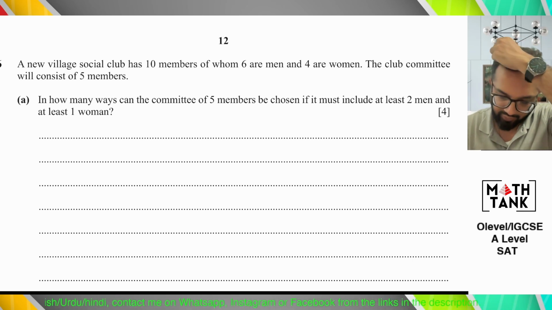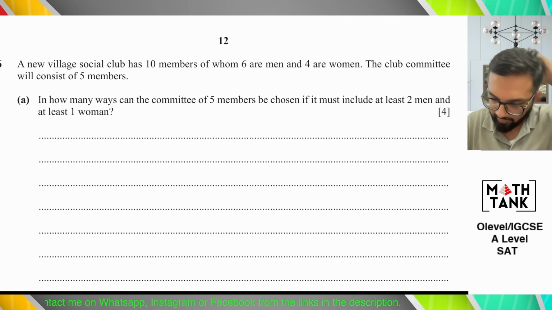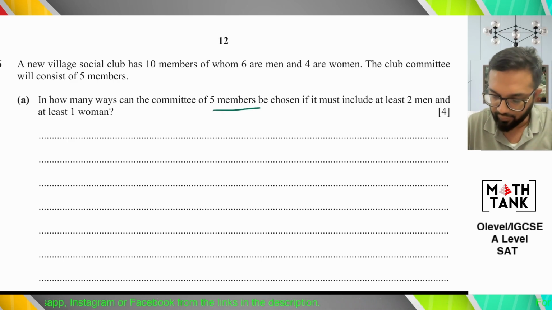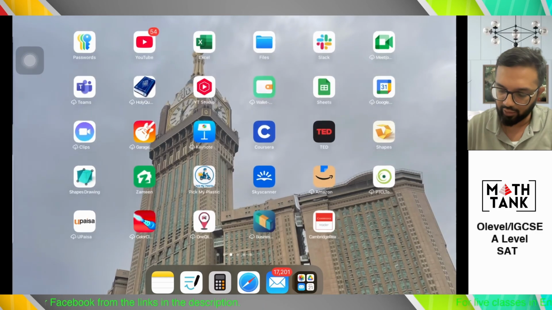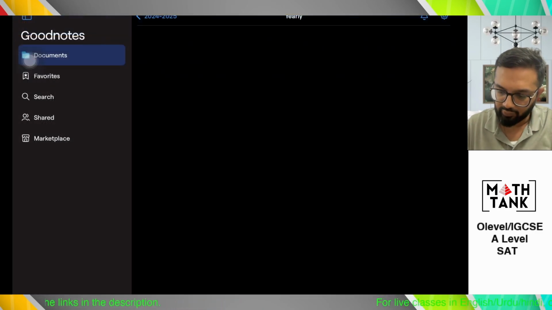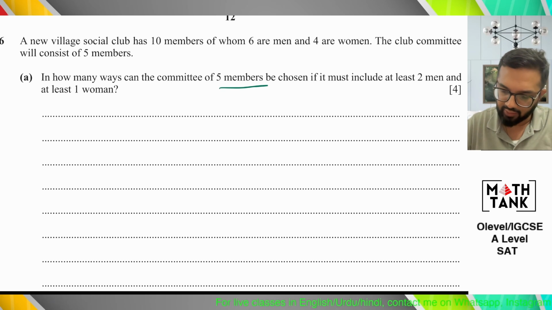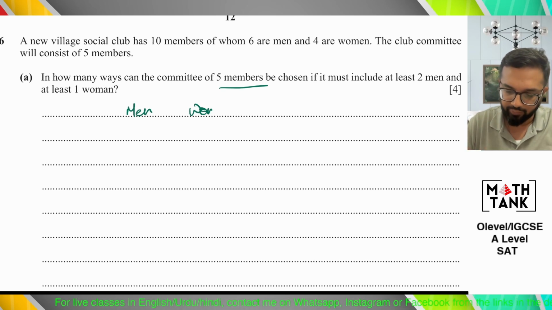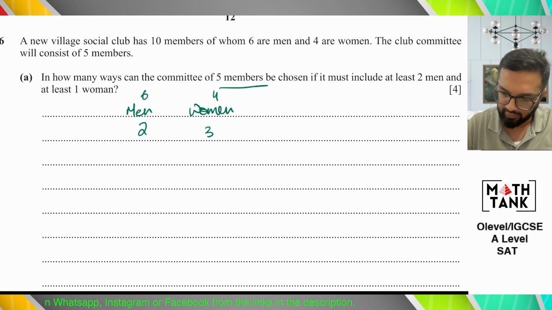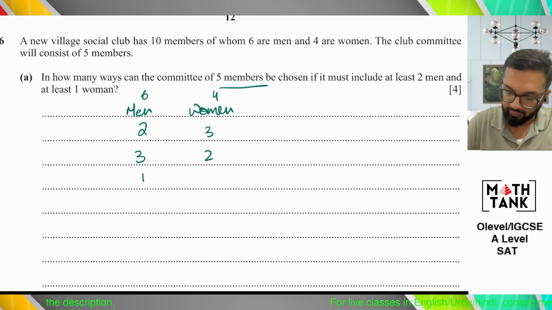Question 6. A new village social club has 10 members, of whom 6 are men and 4 are women. A club committee of 5 members is to be chosen. In how many ways can the 5 members be chosen if it must contain at least 2 men and at least 1 woman? Men, women: 2 and 3, 3 and 2, 4 and 1.